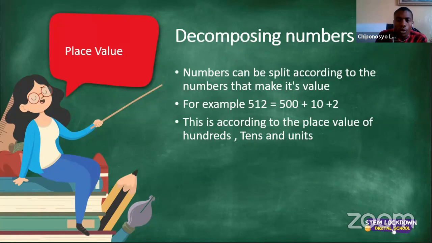Then also we learned place value, where we have hundreds, because now we end at the hundreds. Yes, there's thousands, 10,000s, 100,000s, numbers go on. But we saw that it's best that we focus on hundreds, tens, and units.